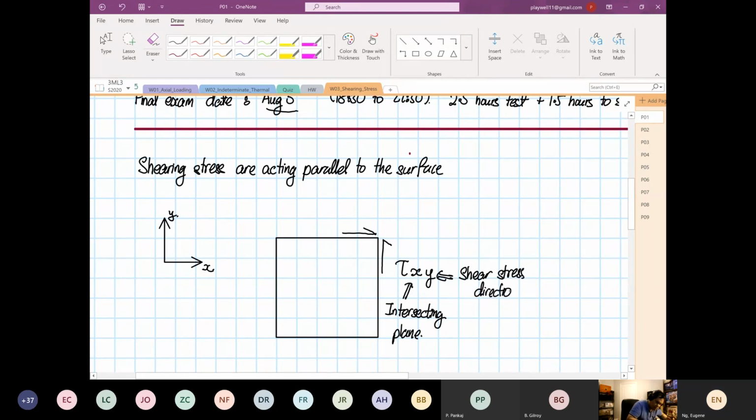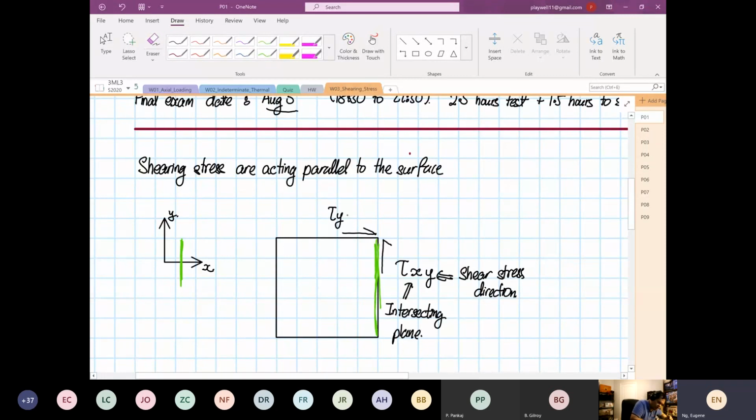So if you look at this plane over here that I'm drawing in green, it is intersecting the what? The x-axis. That's why you put the first x, the intersecting plane, and the shearing stress direction is going in the y direction. Likewise, to label this, the intersecting plane is on the y-axis, and the shear stress is in the what?